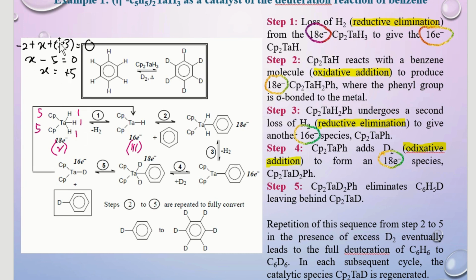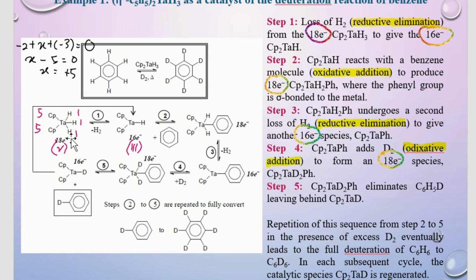I show you how to calculate the oxidation number, which I state as Roman 5. Cp has a -1 charge, and the hydrogen has -1. In total we have oxidation number 5.